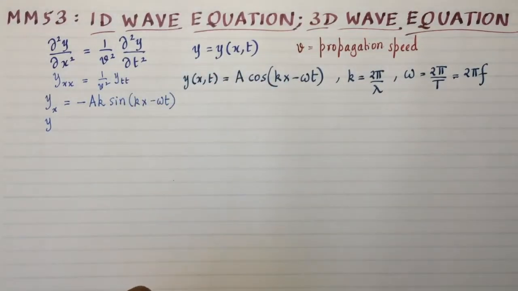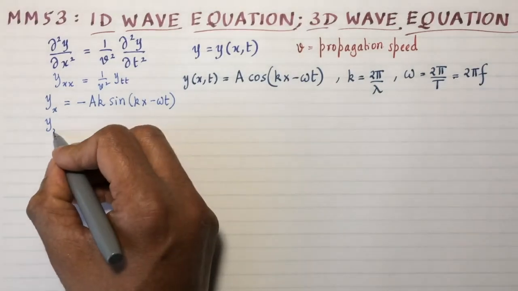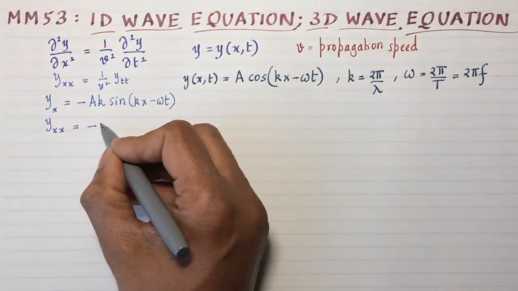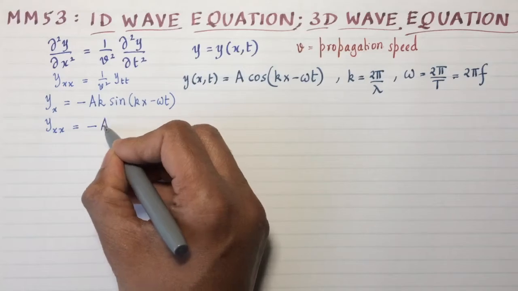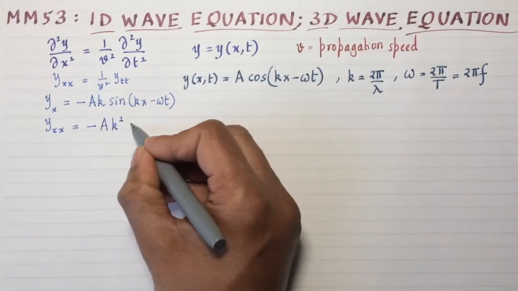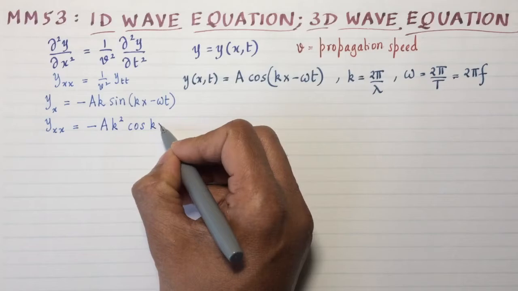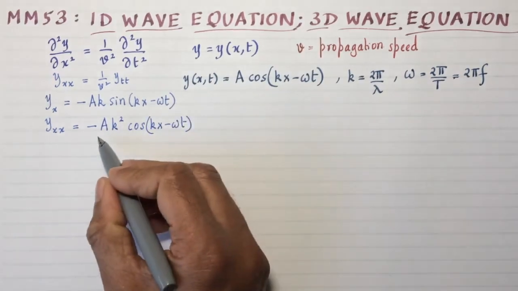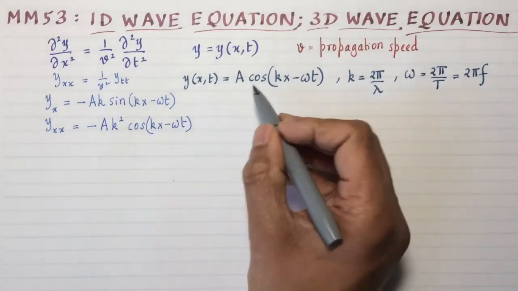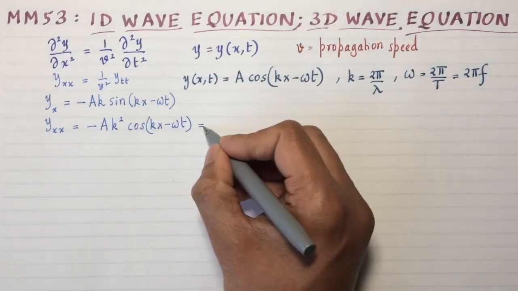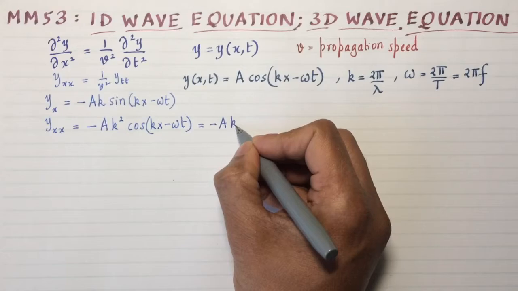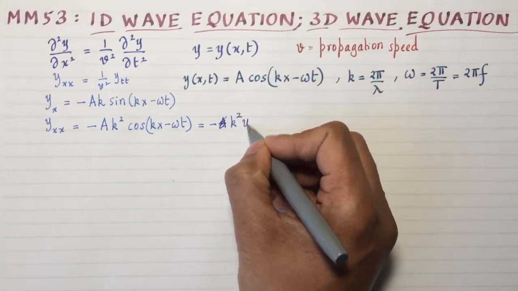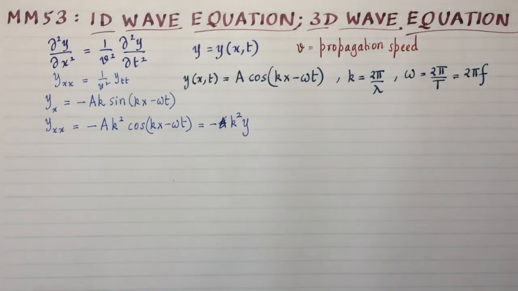That's the power of notation. So yxx is going to be negative a times k squared cosine kx minus omega t. But a times cosine kx minus omega t is just y. So that's negative a k squared. Oops, no a anymore. It's just negative k squared y. So that is the left-hand side of the wave equation.